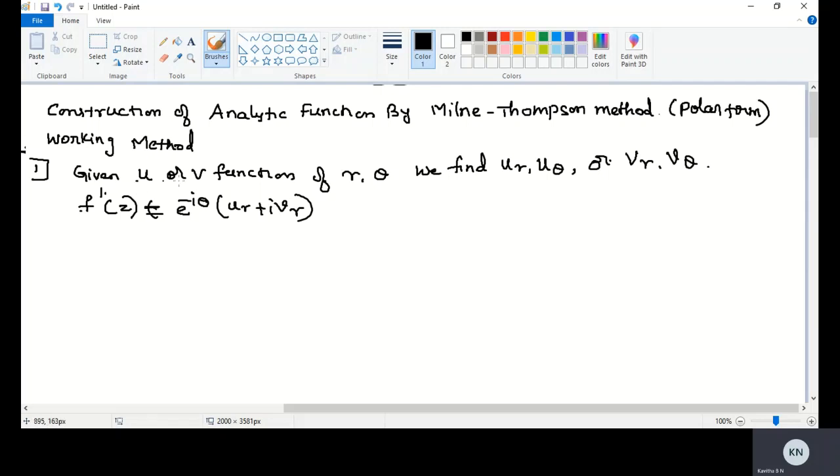If u is given, we found ur and u theta. In this, we don't know the Vr. That time, use the CR equation: Vr is equal to minus 1 by r u theta.